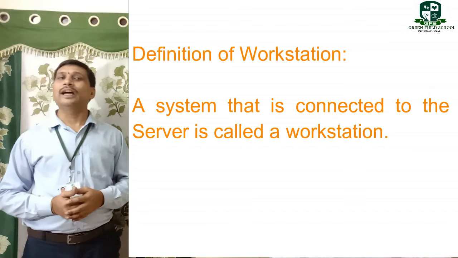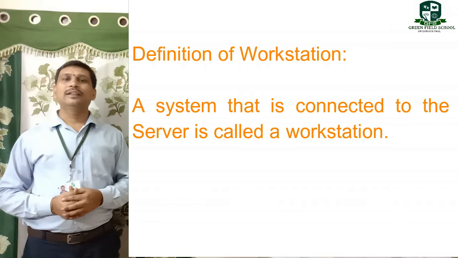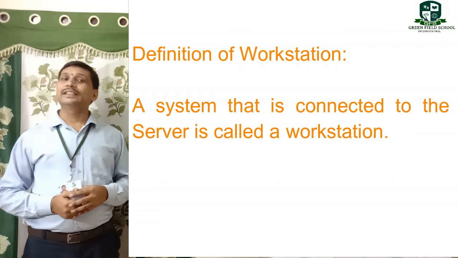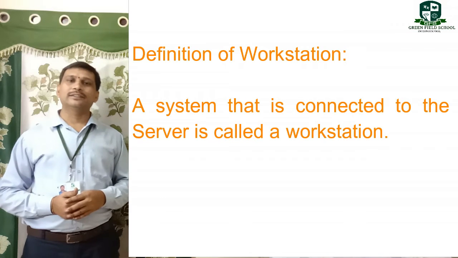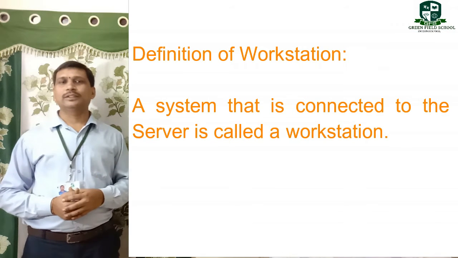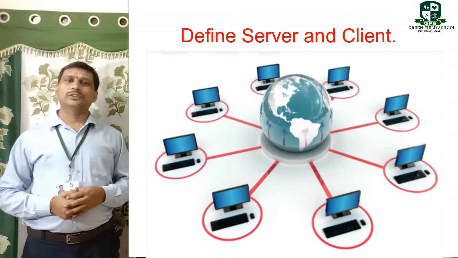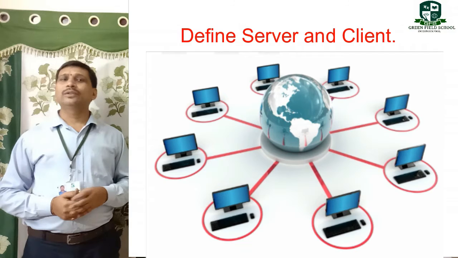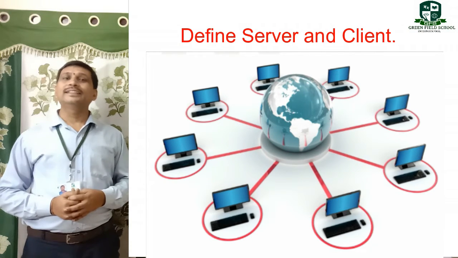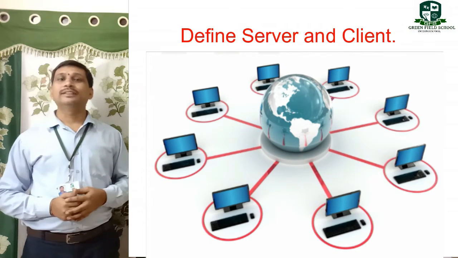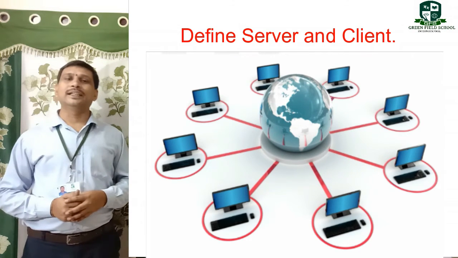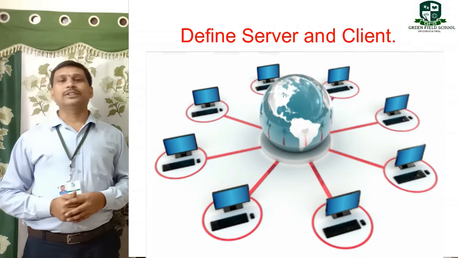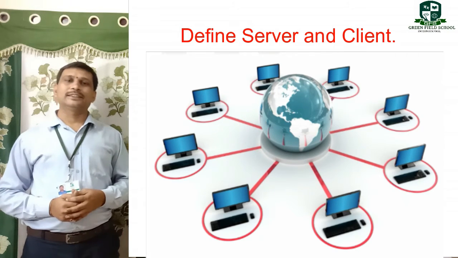When we discuss the architecture of a network, we discuss the concept of client-server architecture. Different types of architectures are there for any computer network. All the nodes are connected to a particular designated, centralized system. That system is called the server. All the remaining systems act as clients.